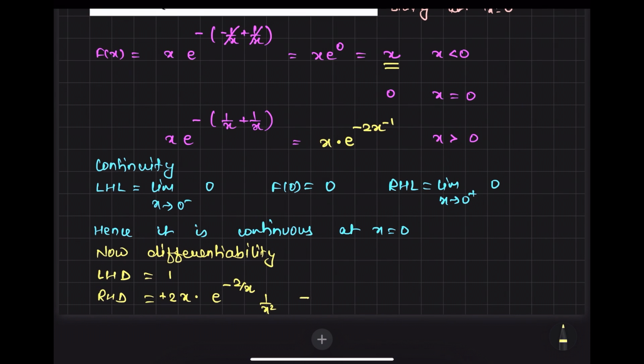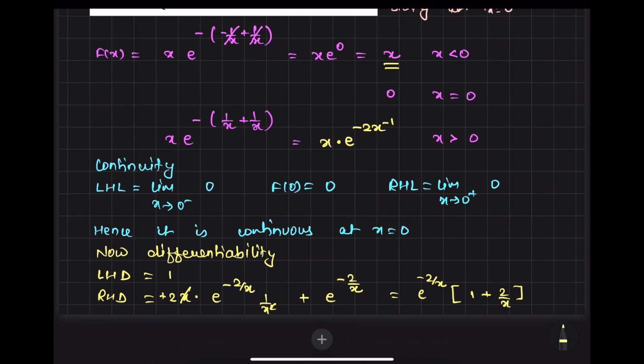Okay. Now plus e power minus 2 by x, and then differentiation of x becomes 1. Okay. Now this x is gone. So can I take e power minus 2 by x common, and then we will be left with 1 plus 2 by x.